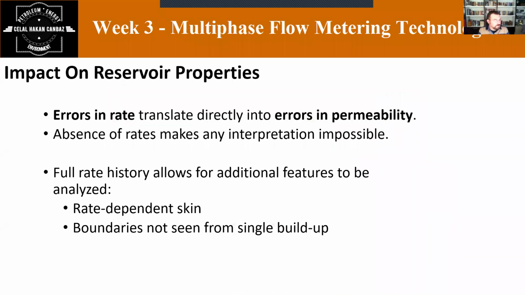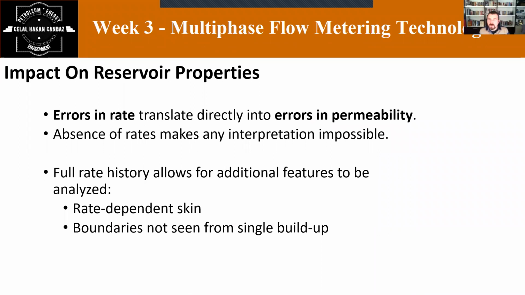All right. So, impact on reservoir properties, as I mentioned: errors in rate translate directly into errors in permeability. Absence of rates makes any interpretation impossible or gives a high error percentage. The full rate history allows additional features to be analyzed, right? Rate-dependent skin or boundaries are not seen from a single buildup.